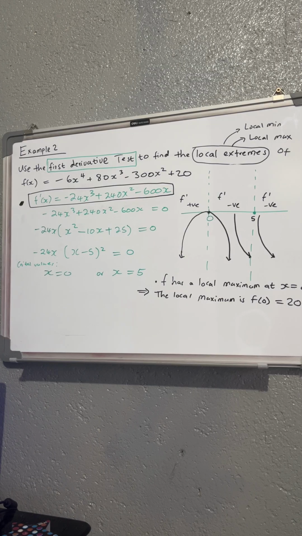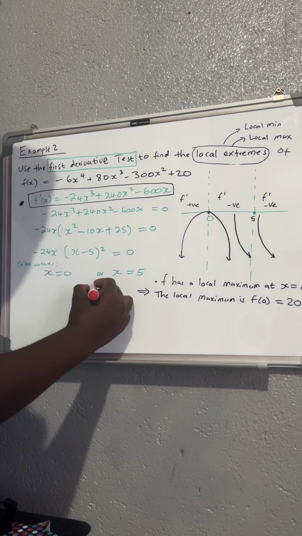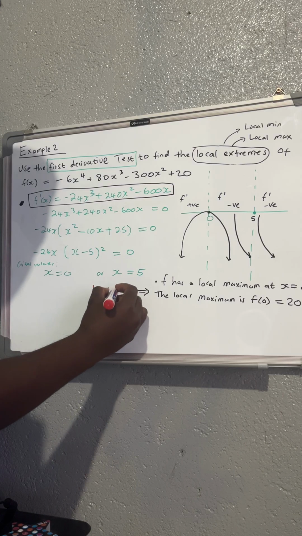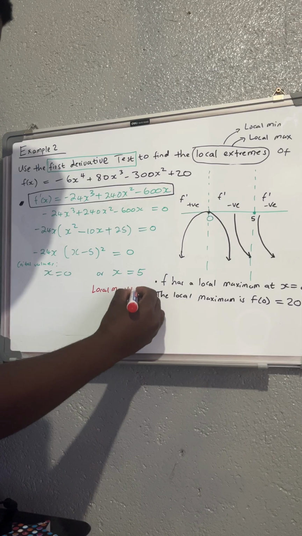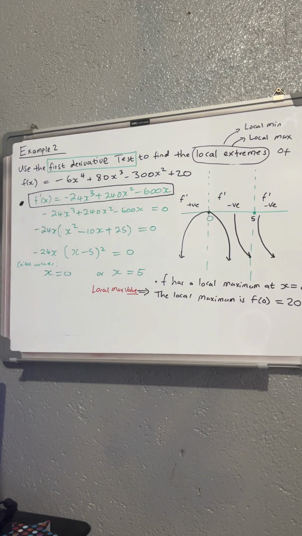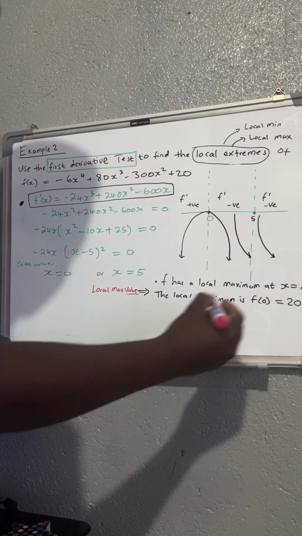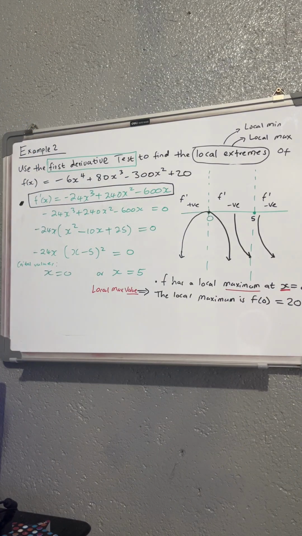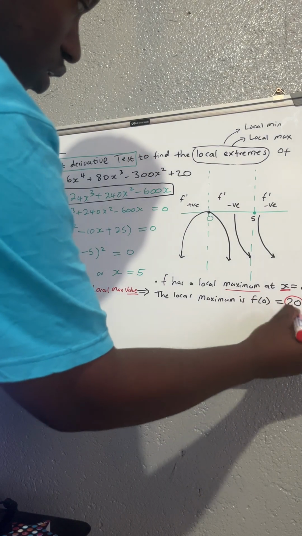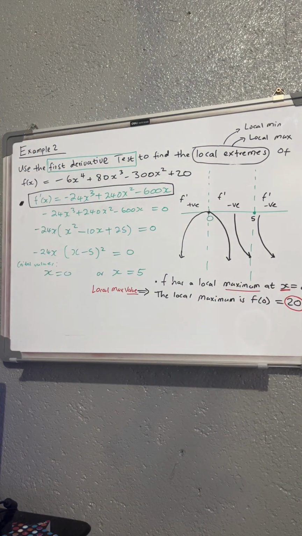So let's just say local max value. When you see the word value, it means now you have to take the maximum value that you got at your x, and input it to find this one that they're looking for.